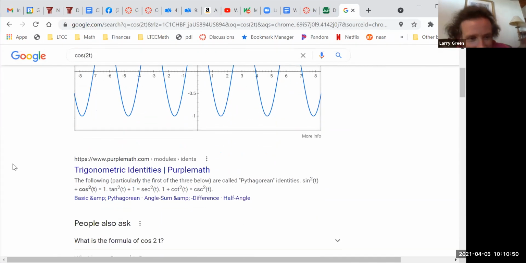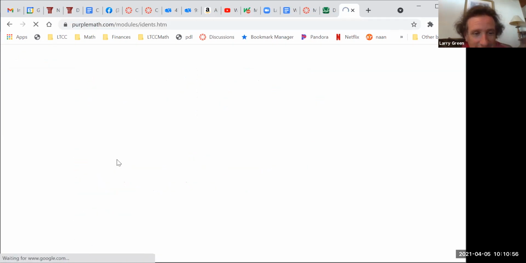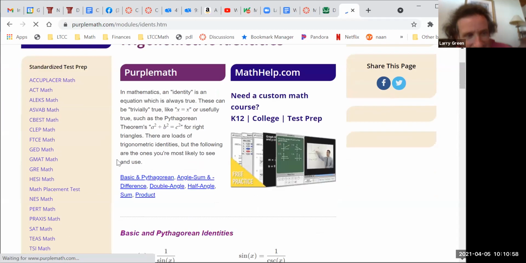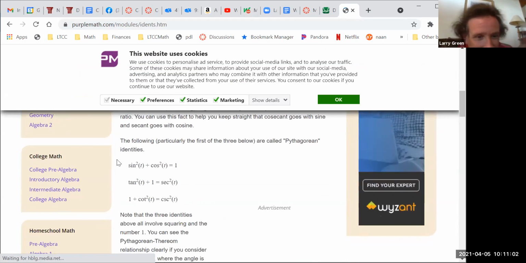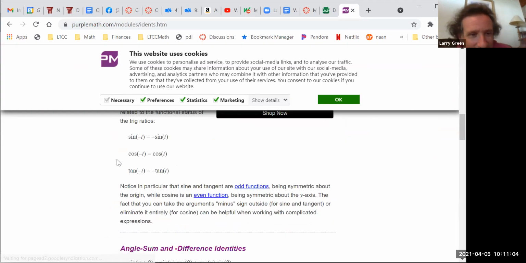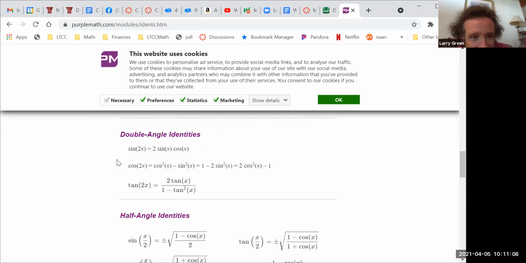There's the graph. Here's your identity. Let's go for purple math. Sound good? So if you don't remember, you can always find it somewhere in here eventually. There it is. So cosine 2x is 1 minus 2 sine squared of x.